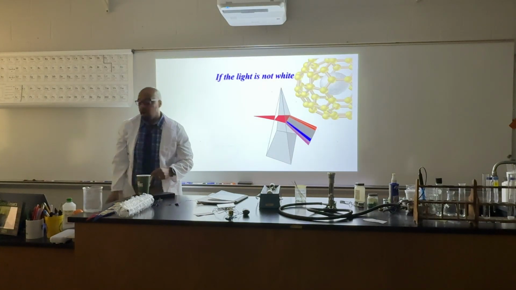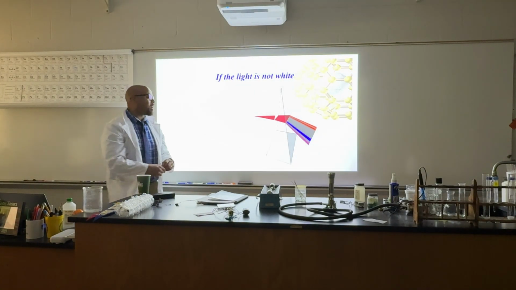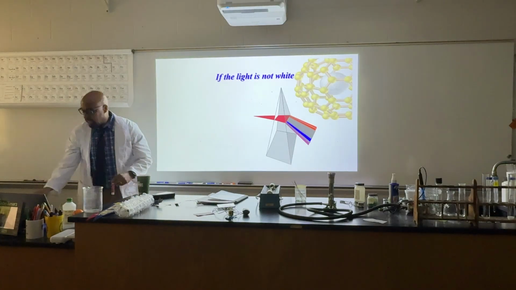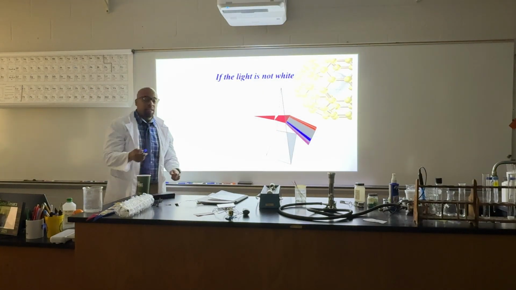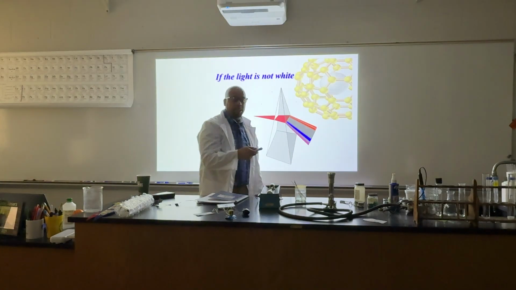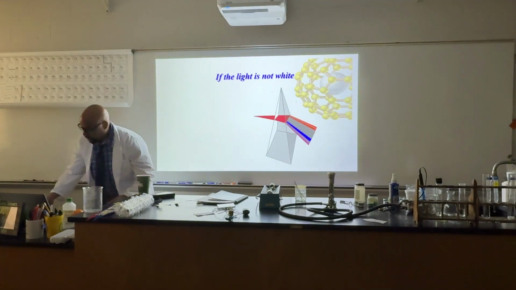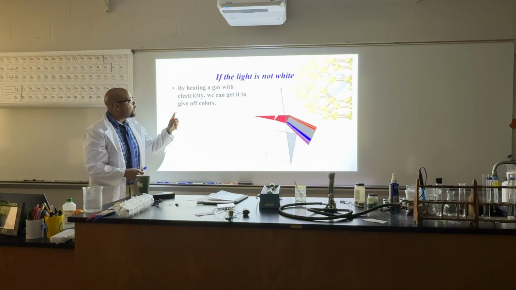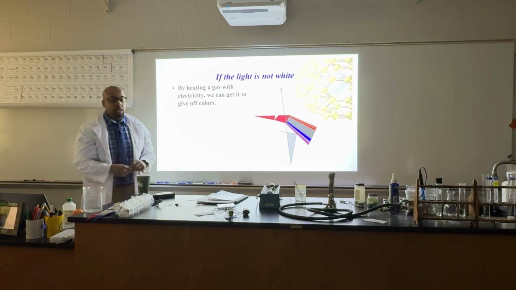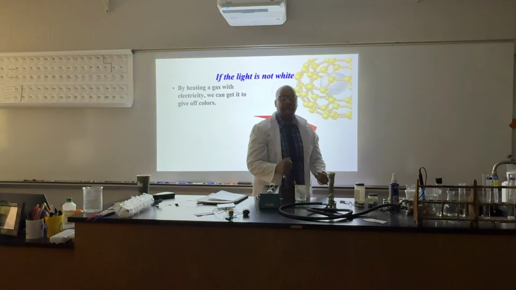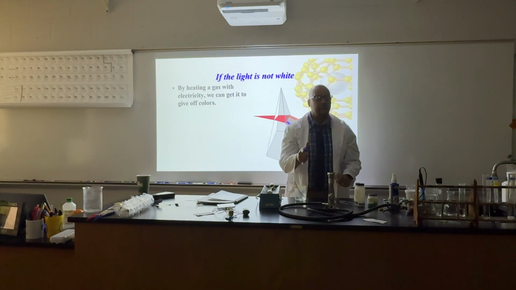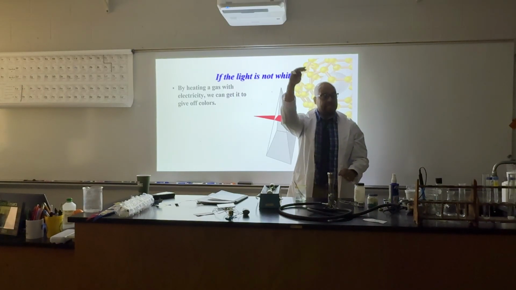Now, why am I talking about white light? Why am I talking about this colored light? One of the things we're going to see is that when it comes to elements, if you give them either heat or electricity, it is possible for that element to say, within that electricity or heat, I see the quantum of energy I need in order to promote up to the excited state.